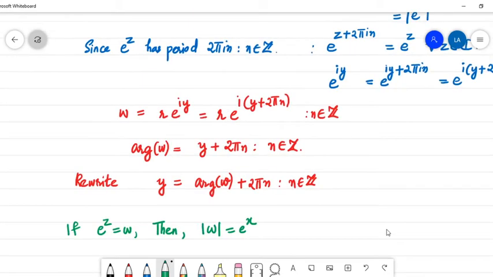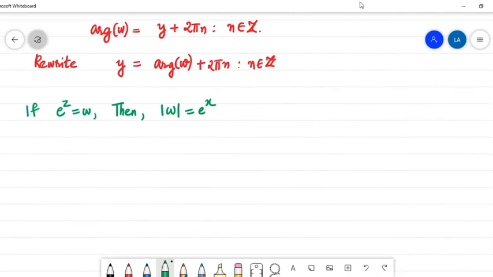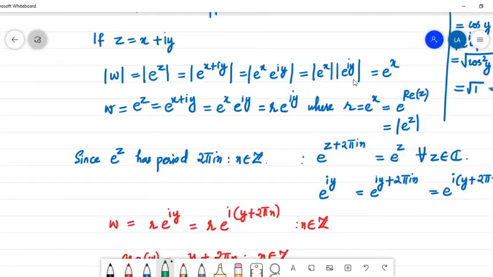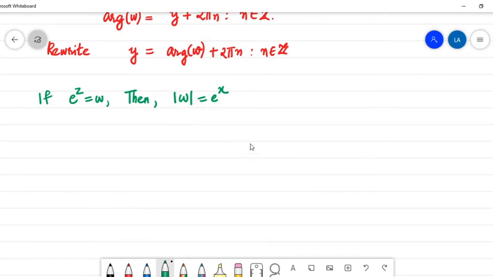This is one observation we just got here. See, modulus of w is equal to e raised to x. Yes, we got that observation. And this one is obviously in the real sense because there is no complex number involved there. Everything is real, right?